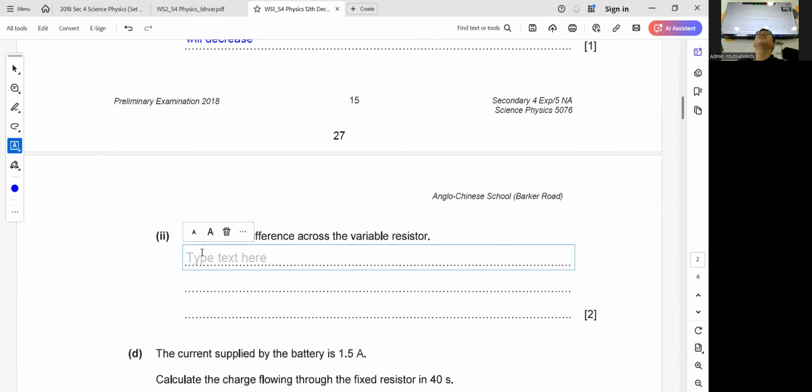So when you see potential difference, try to use the potential divider rule. How would you answer this?